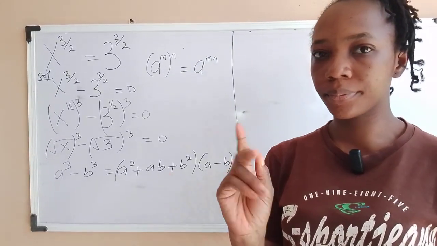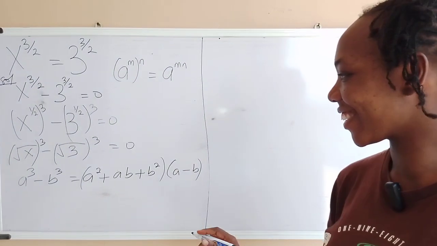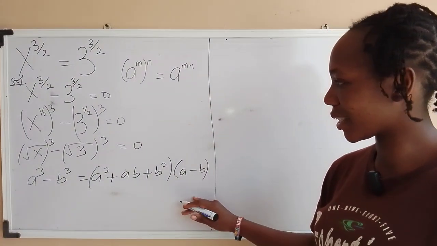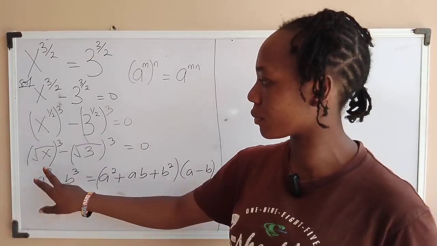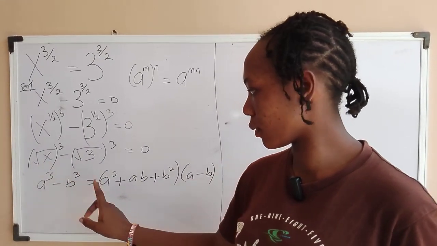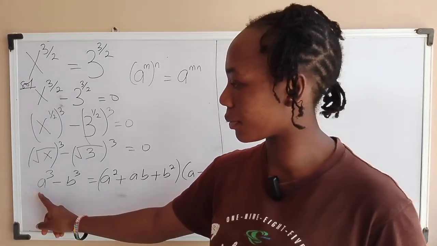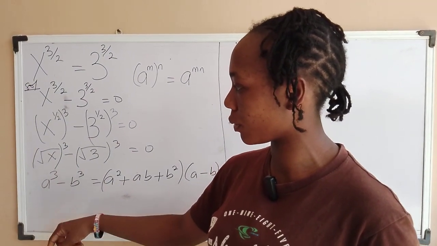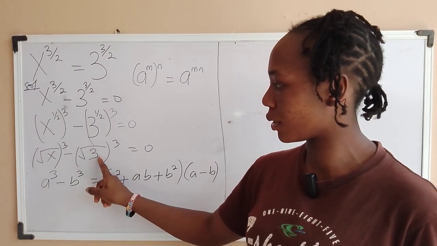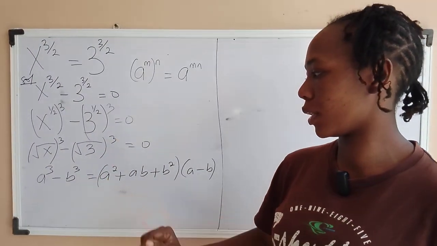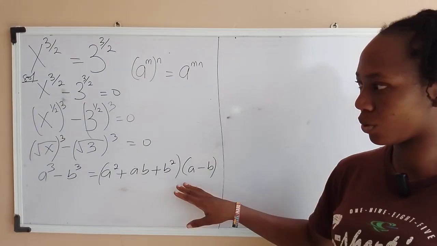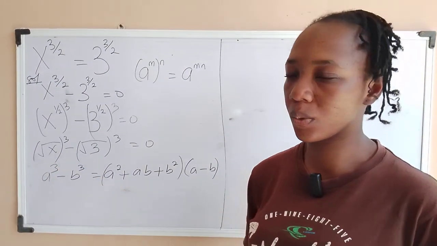Following this, you can see that they are exactly the same. The square root of x represents a and the square root of 3 represents b here, all to the power of 3. And so this is what we're going to use to expand this equation.